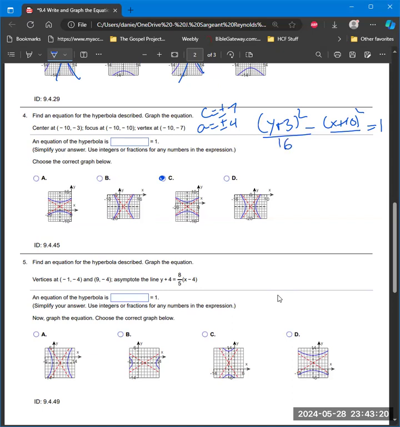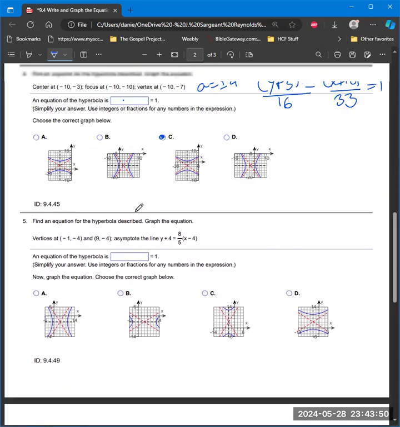So 4 squared is 16, and 49 minus 16 is 33. That's the equation that goes in this box here. And we already picked C. Moving on here.